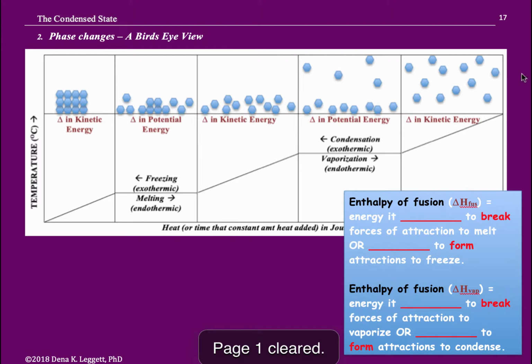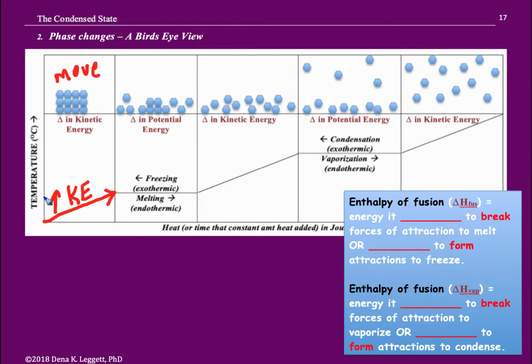Now let's look at what's happening here. As I heat a solid, these molecules start to move faster. And if they move faster, we're seeing an increase in kinetic energy, and that increase in kinetic energy is measured as an increase in temperature. Let me go to this segment.